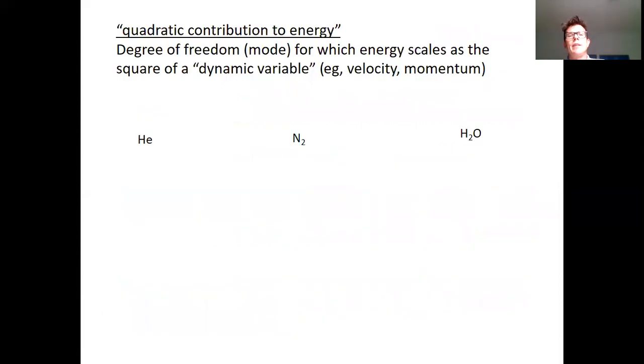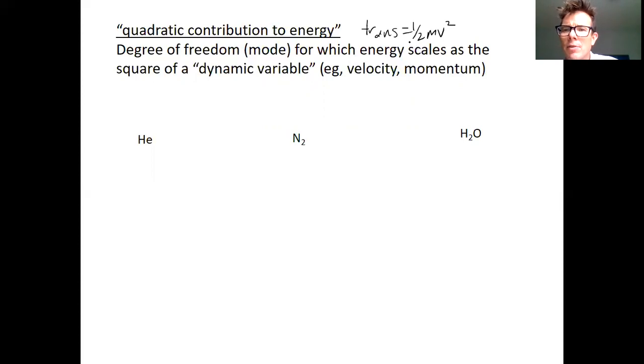All right. The issue now is, what do we mean by a quadratic contribution to energy? And again, here's this formal definition. It's a degree of freedom which scales as the square of some dynamic variable. For example, velocity, momentum, something like that. Let me give you some examples. Translational energy, 1/2 mv squared.